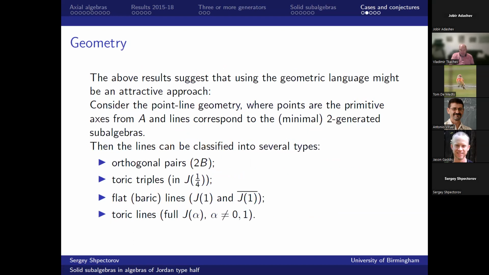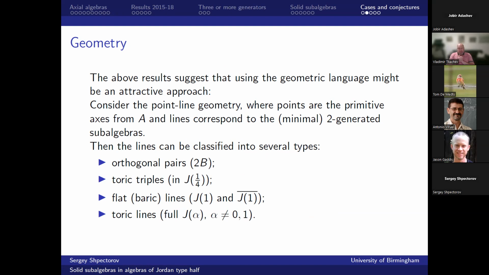Right, and the final slide. What I'm thinking now is that we can switch to the language of geometry and try to classify these things in terms of geometry. We can view the primitive x's as points, and the lines would be the two-generated subalgebras.